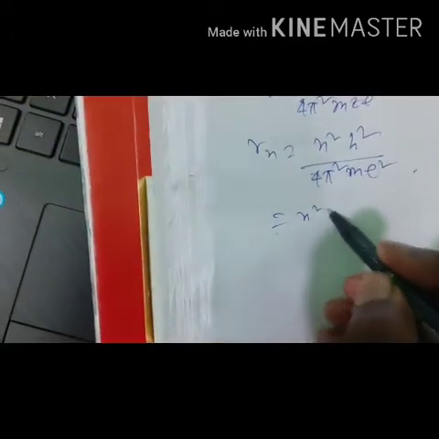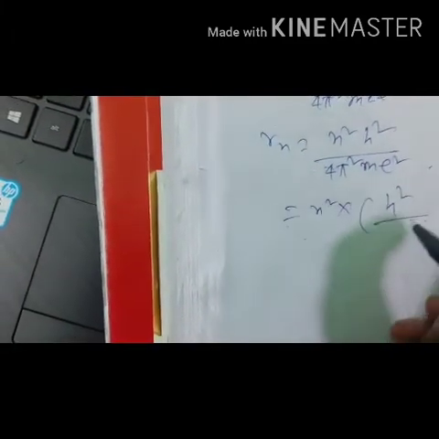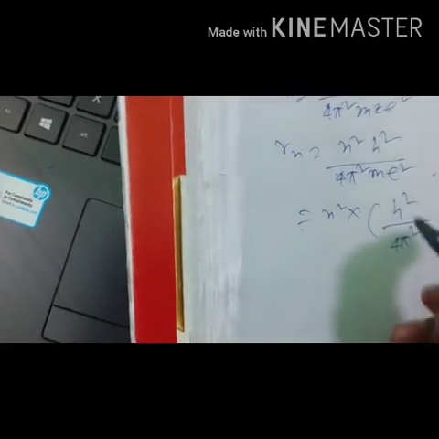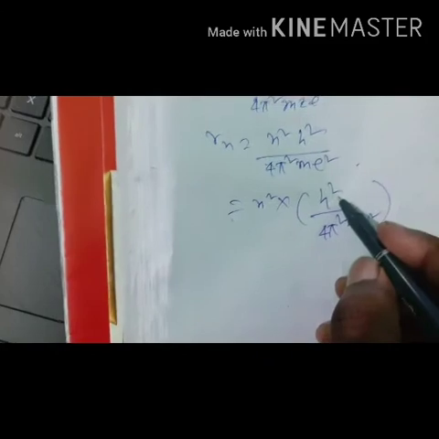If we separate the n square, then the remaining expression is the radius of the first Bohr orbit of the hydrogen atom.